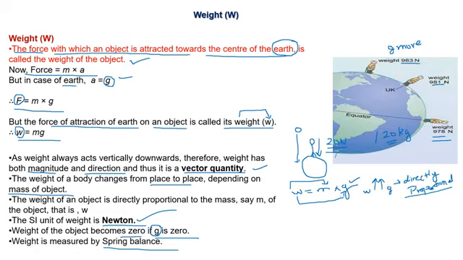And we have seen that weight is proportional to acceleration due to gravity. If the acceleration due to gravity at the pole is more, the weight will be more. Acceleration due to gravity at the equator is less, so weight will also be less, right? Here is a spring balance, children, which is used to measure weight.